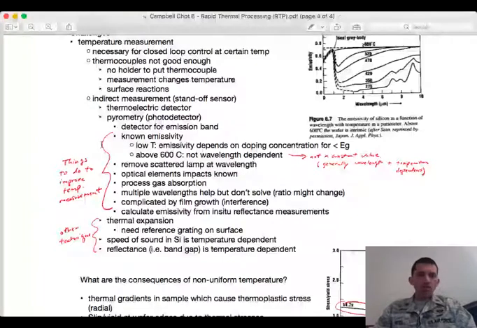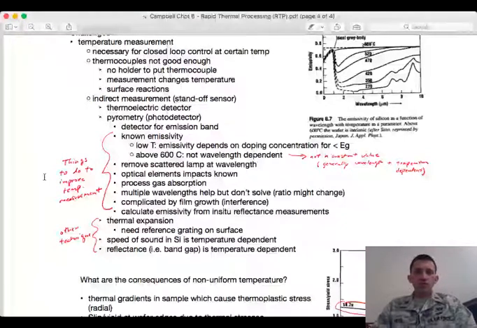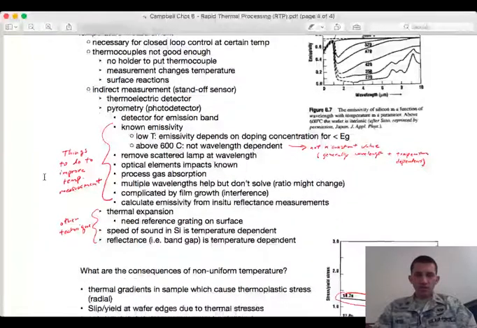You also, if you're looking at the surface, want to remove the scattered lamp light at the wavelength. So you'll have maybe a filter or a window there to remove some of the scattered light from the lamp, as opposed to the emission from the black body.